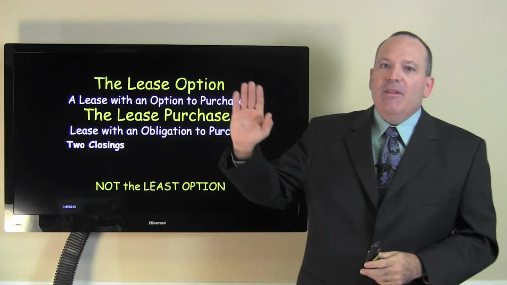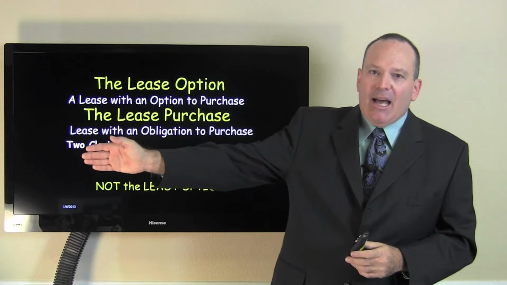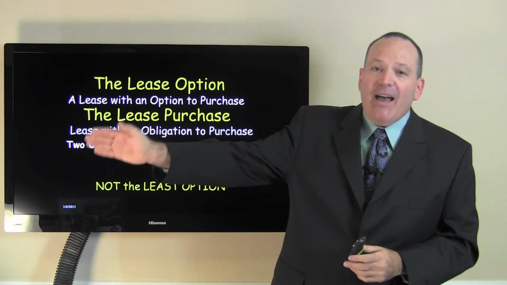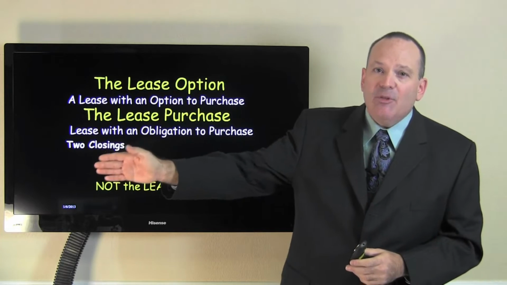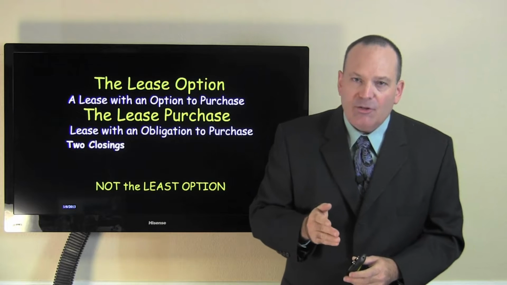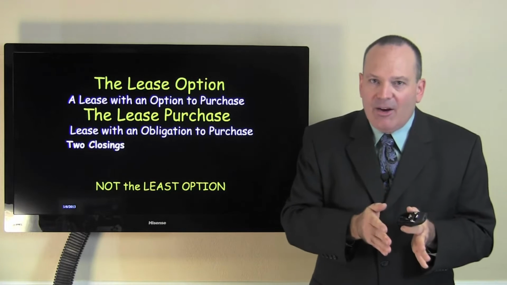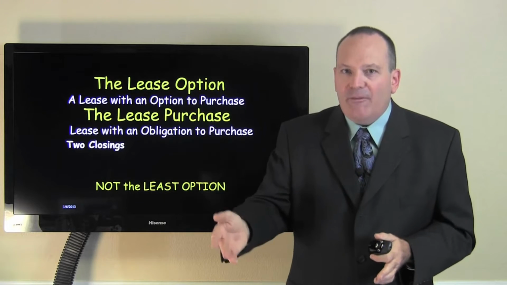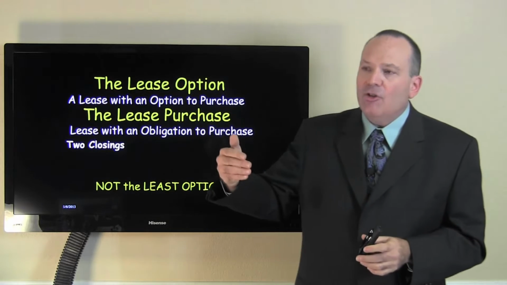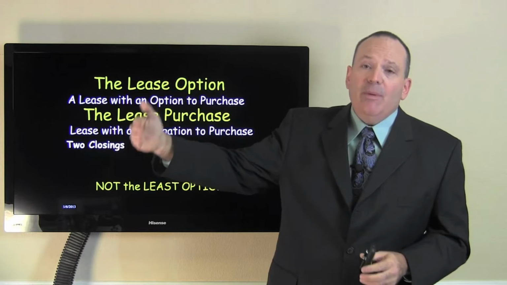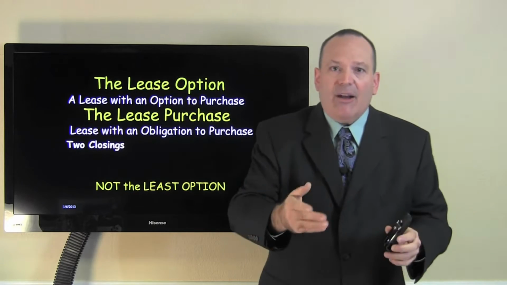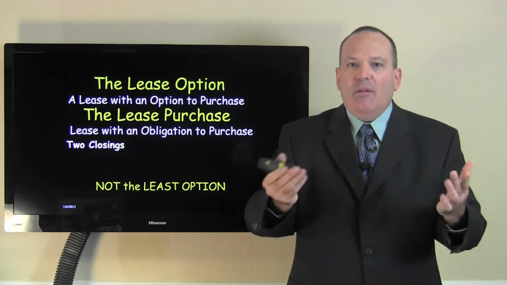And then sometime in the future, it could be a 3-year, a 5-year, or a 10-year lease option. I don't recommend less than 3 unless you're trying to deceive or take advantage of someone, because you want the buyer to have the ability to qualify for a loan if that's their intent. It could even be a 100-year lease option. It's all available and it's all legal.